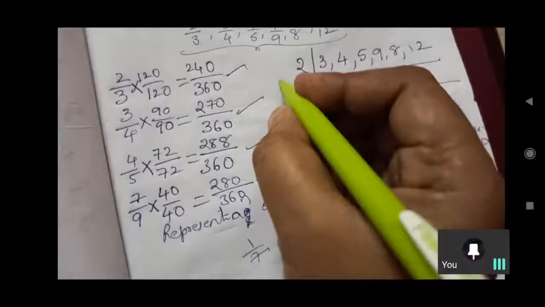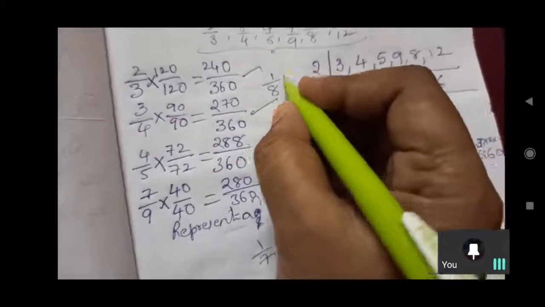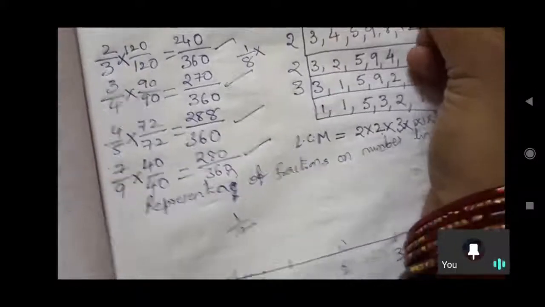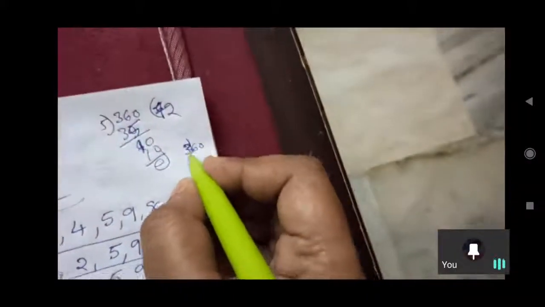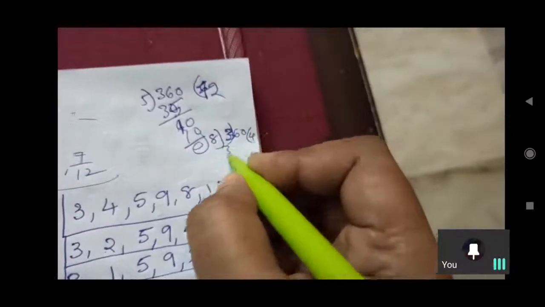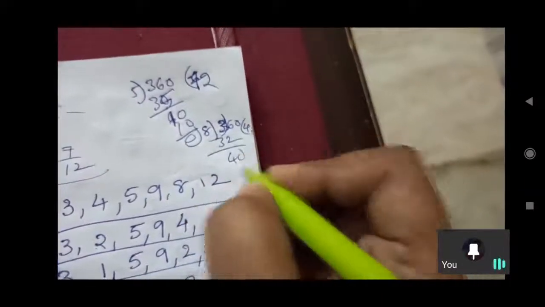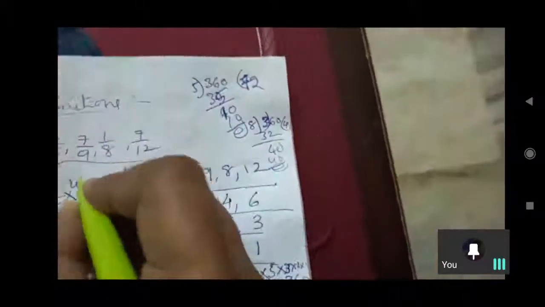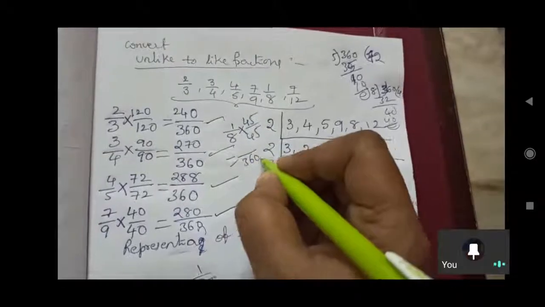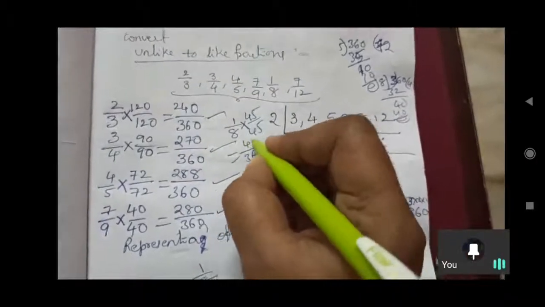So 1 by 8. So 1 by 8 into, here in the denominator we need to get 360 divided by 8. If you are not getting a clear idea, you should divide. 8 fours are 32, 4 is the remainder. 8 fives are 40. So 45 you should multiply in the denominator and numerator. You will get 360 and here 45. 45 by 360.